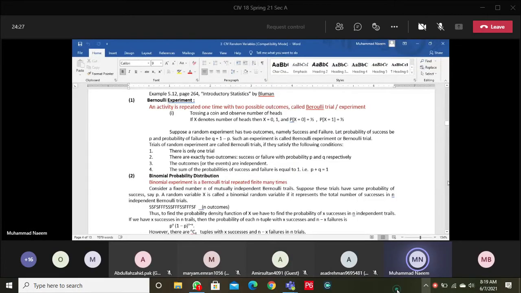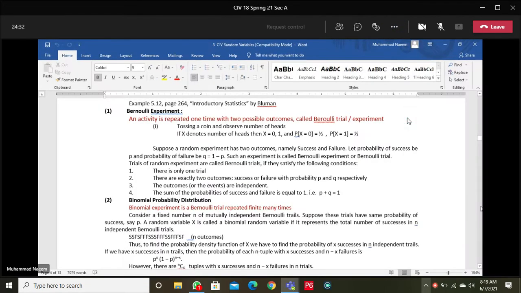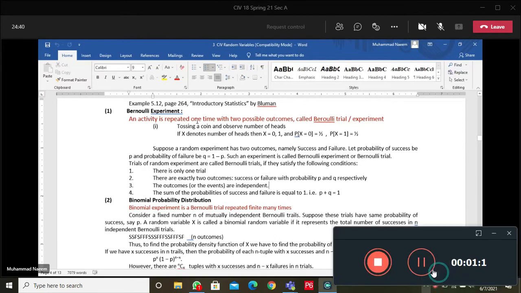Solutions: Bernoulli, binomial, Poisson, negative binomial, geometric, and hypergeometric. We have discussed a little during the last lecture. Bernoulli is a single activity.